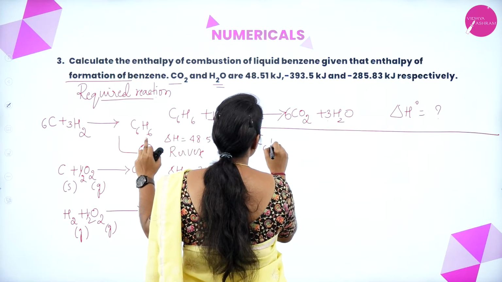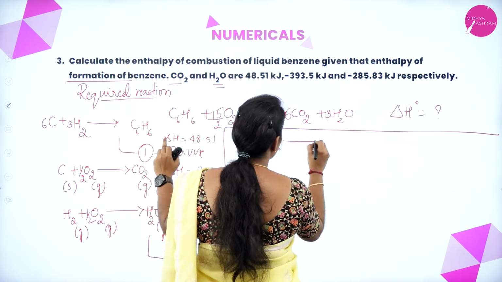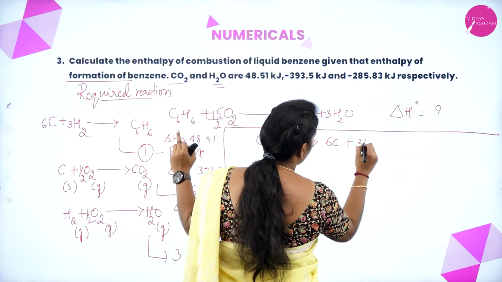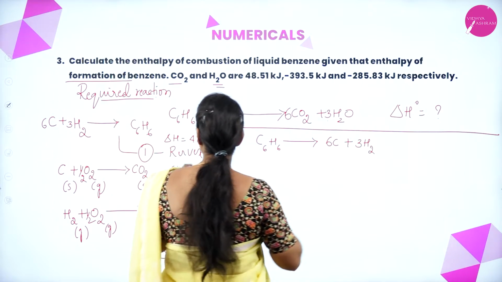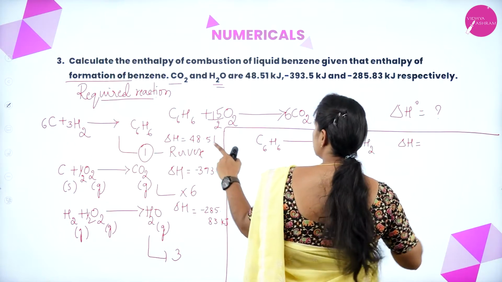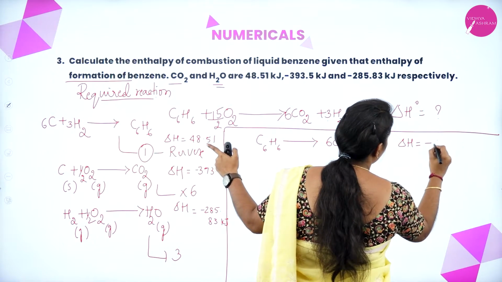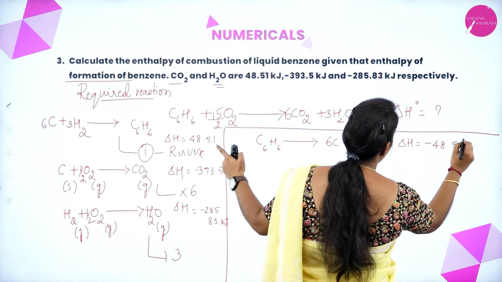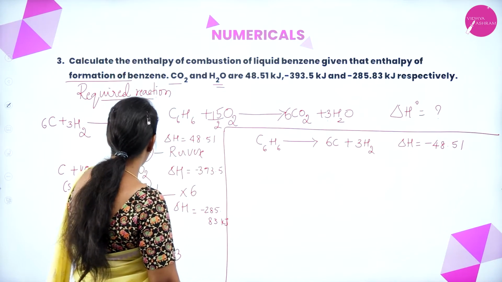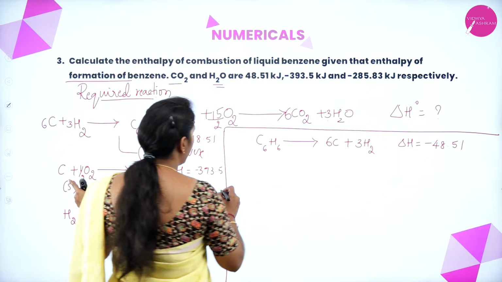So C6H6 is giving rise to 6 carbon and 3 hydrogen, that is 3 H2. And you can see that after reversing, the delta H value, if it is positive, will become negative. If it is negative, it will become positive. Next we have equation 2 and it has to be multiplied with 6.